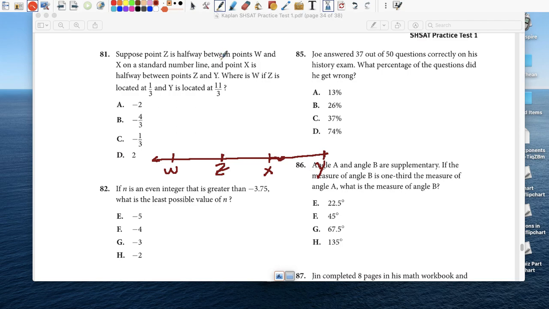Where's point W if Z is located at 1/3, and Y is located at 11/3?